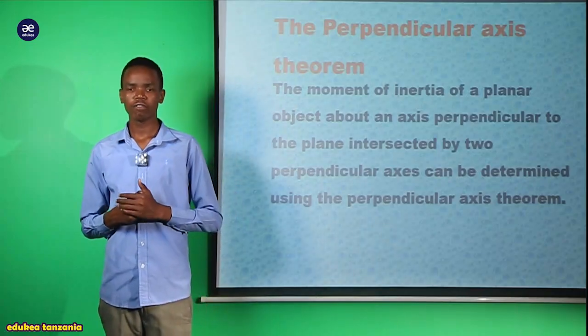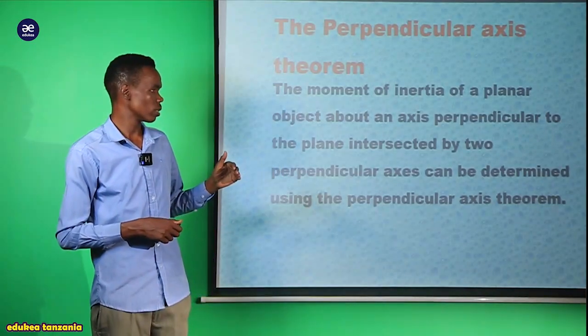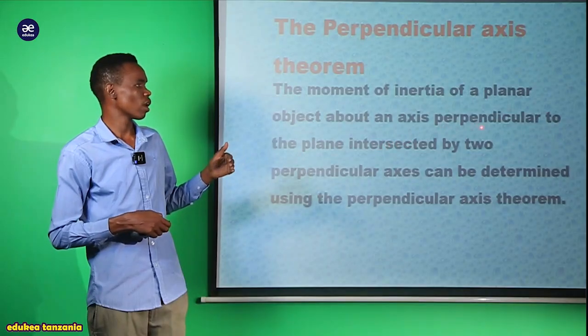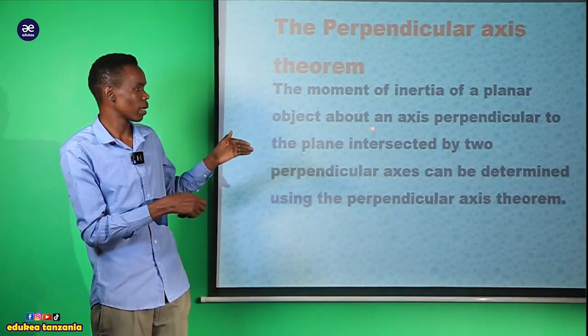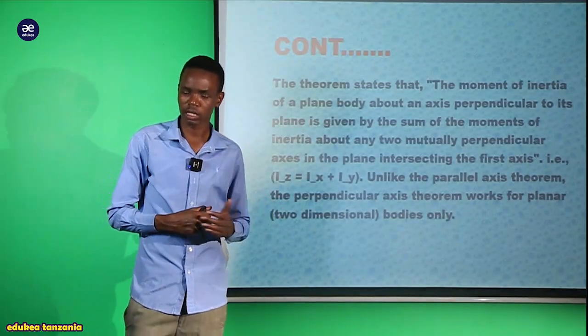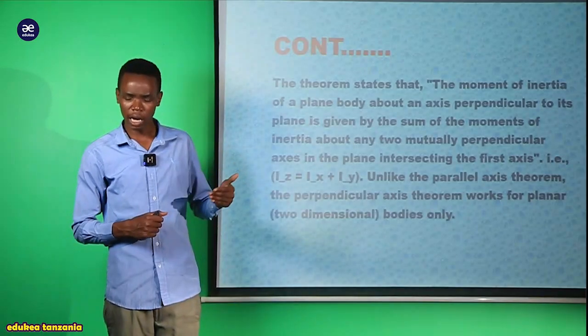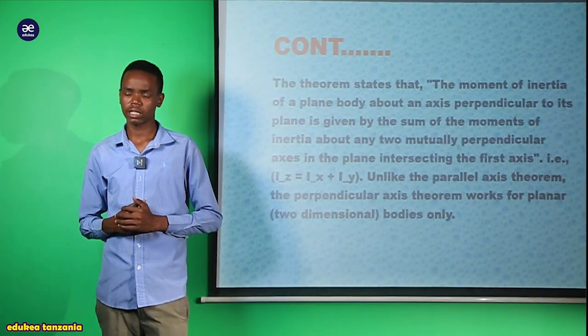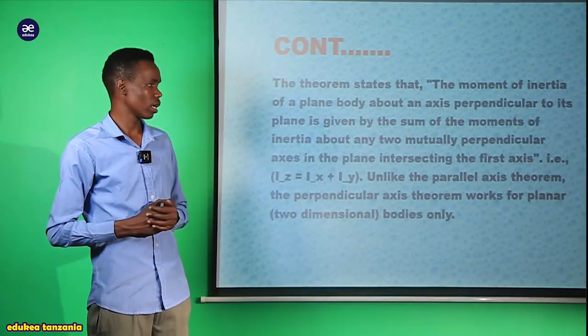So we use the perpendicular axis theorem for the aim of knowing the moment of inertia of a planar object about an axis. That is how our statement says it. Now, how can we state the law?